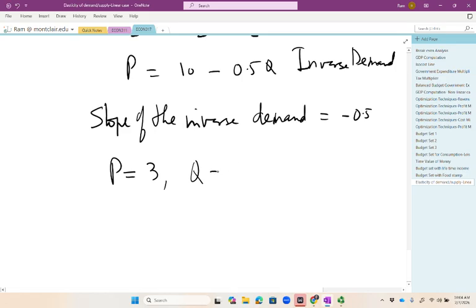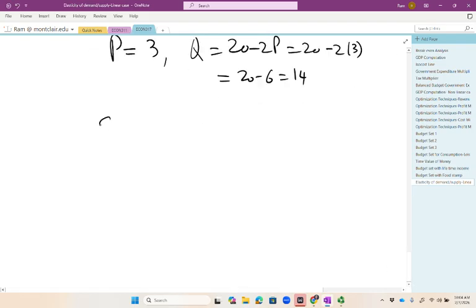Then I know Q is 20 minus 2P, 20 minus 2 times 3, which is 20 minus 6, 14. Now I have all the information. I can compute the own price elasticity of demand: 1 over the slope of the inverse demand function, negative 0.5, times P, which is 3, over Q, which is 14.